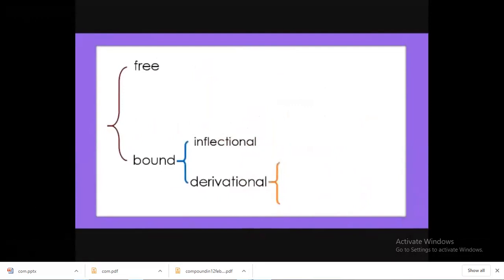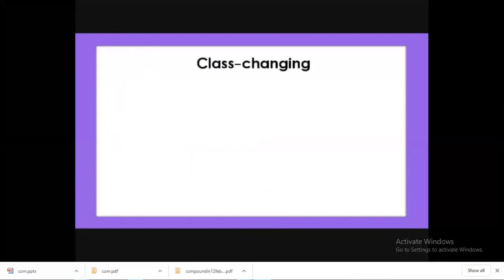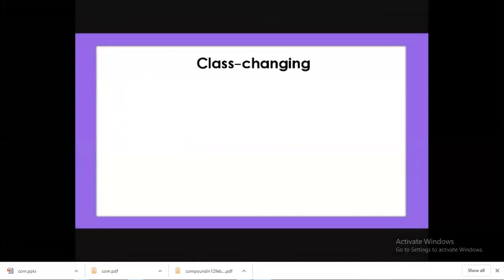Derivational morphemes are divided in 2, class changing and class maintaining. Class changing, as the name says, are derivational morphemes that change the function or class of the word from a noun to a verb, noun to adjective, adjective to adverb, verb to noun, and so on. Don't worry, it is not that hard.